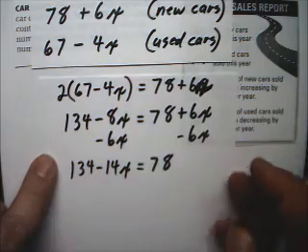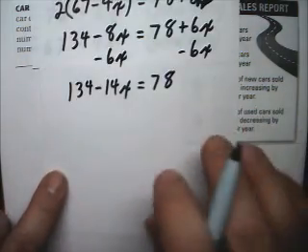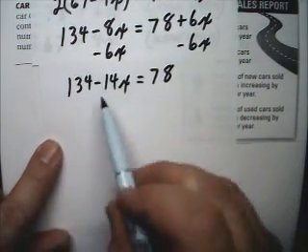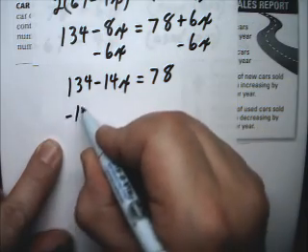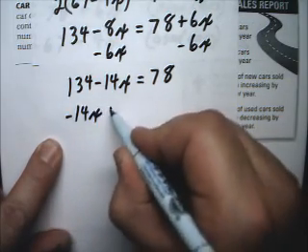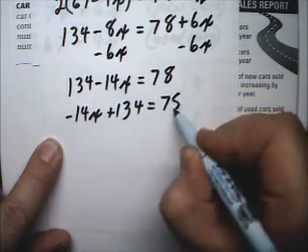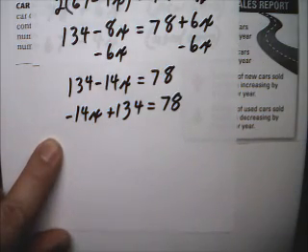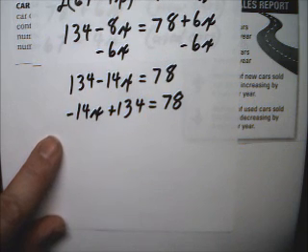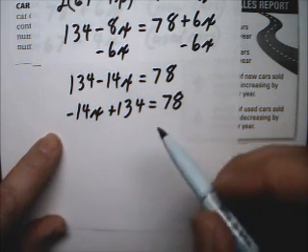And this looks a little bit familiar. If you need it to look more familiar, you can switch these. Now it should look exactly like the equations we've been solving.